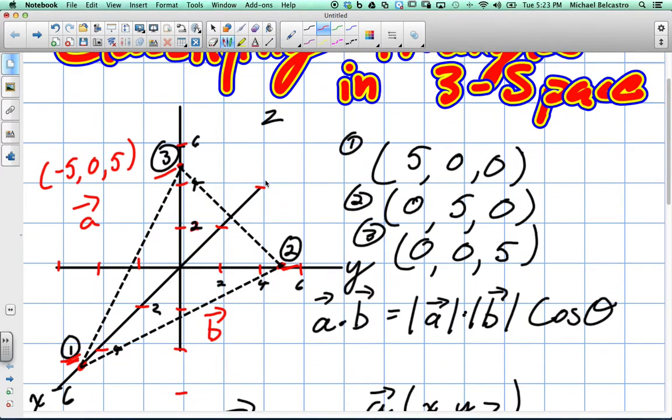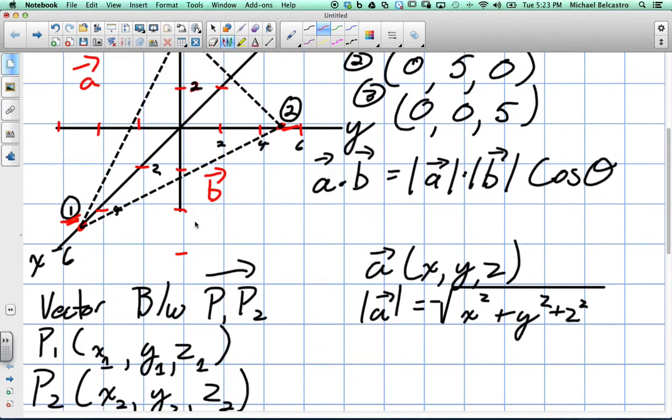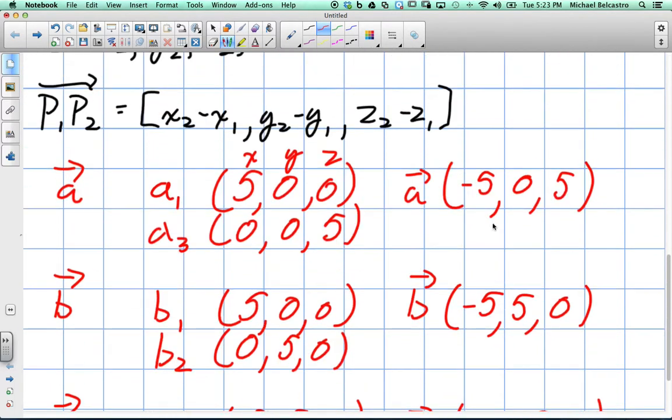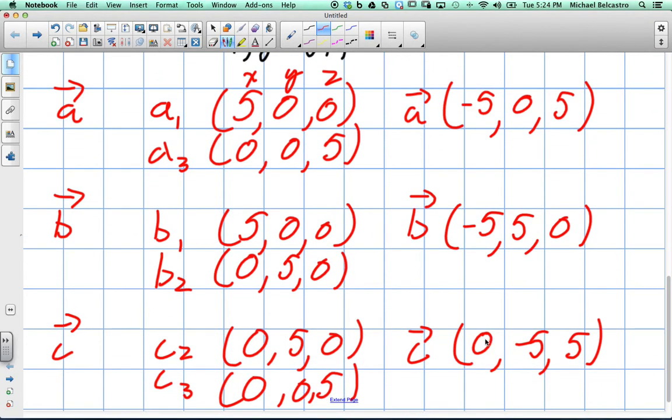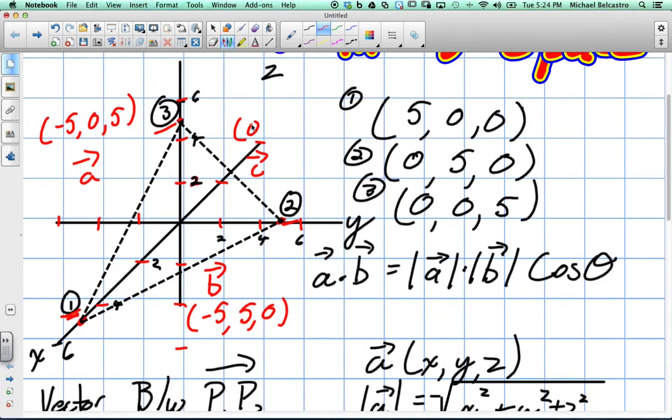So we'll write these in. B was negative 5, 5, 0, and vector C is 0, negative 5, 5. We've now found our 3 vectors, which is great.